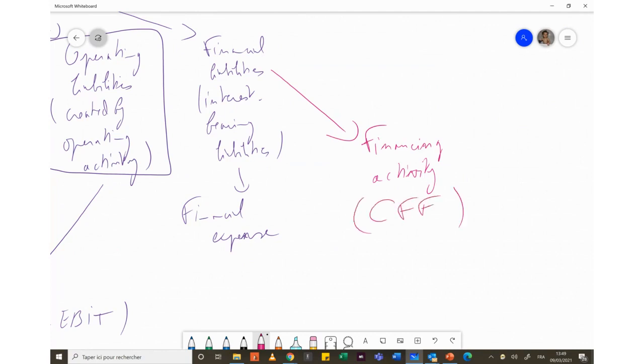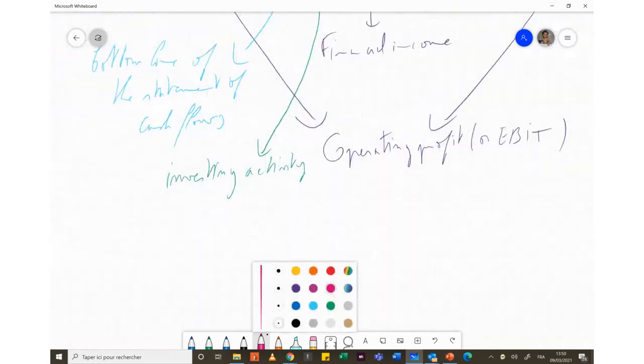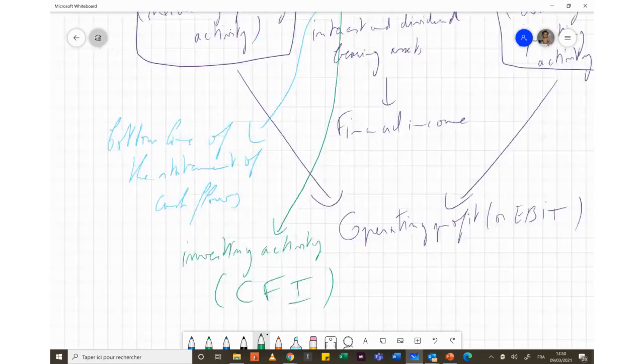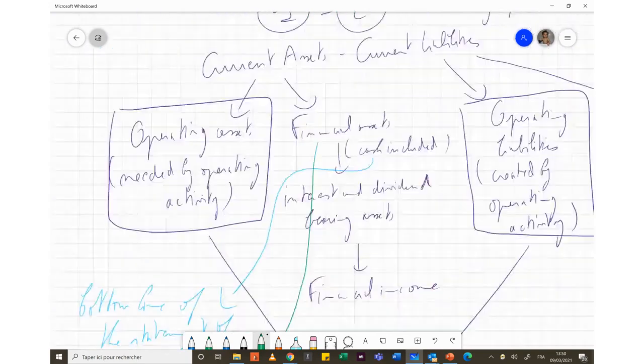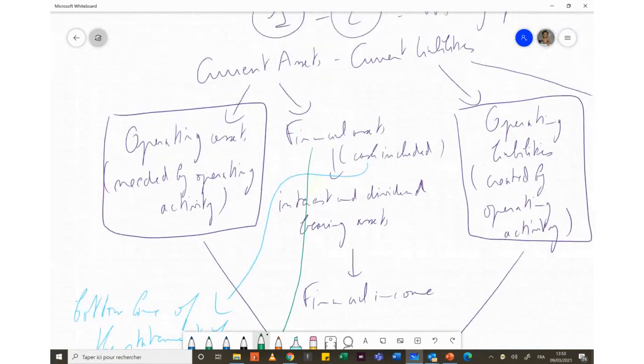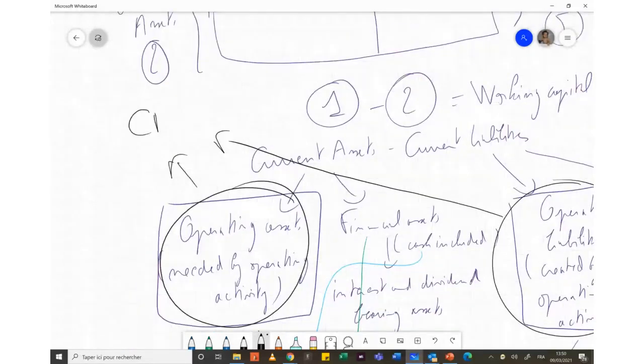We don't want the cash flow from investing activity. What we want for the moment is only the cash flow from operating activity. So for the cash flow from operating activity, we take this one and this one. This one and this one has an influence on the cash flow from operating activity.